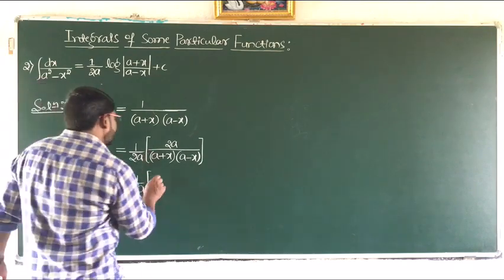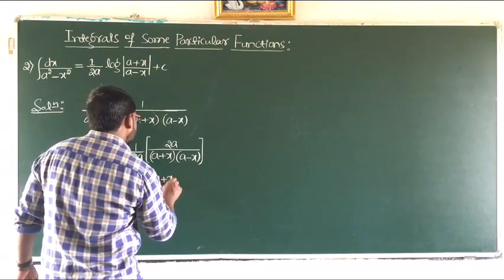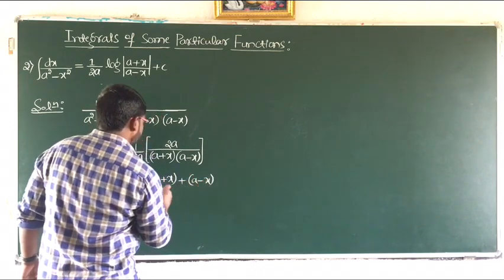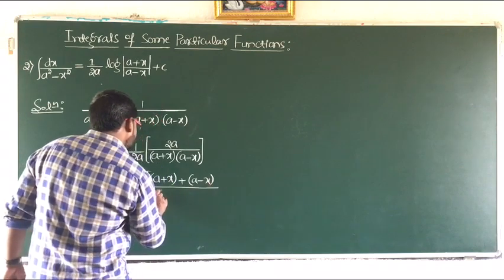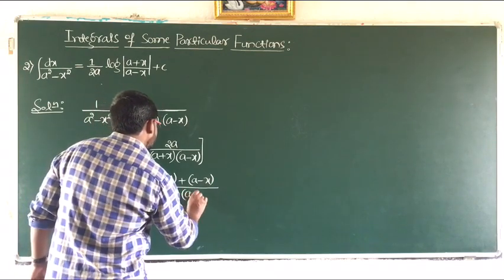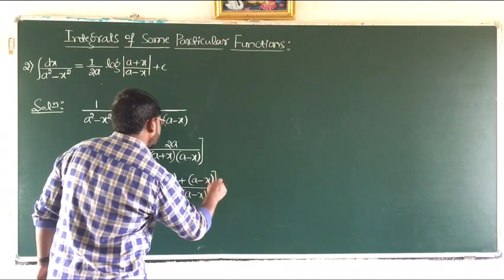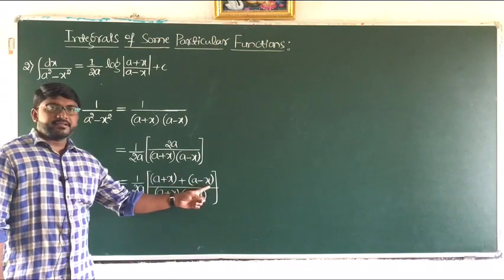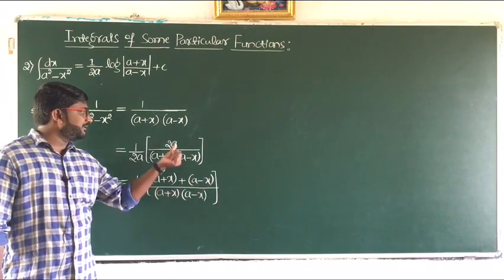So this can be written as a plus x plus a minus x, whole divided by a plus x into a minus x. So what we have done here, we are adding and subtracting x. At the same time, a plus a will be 2a.